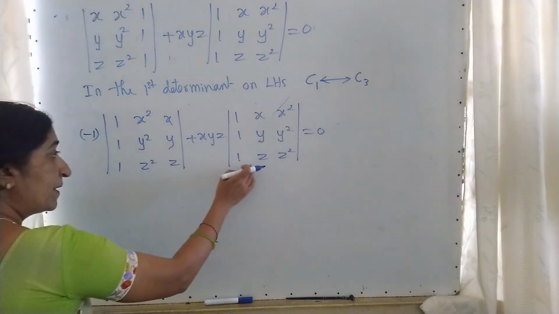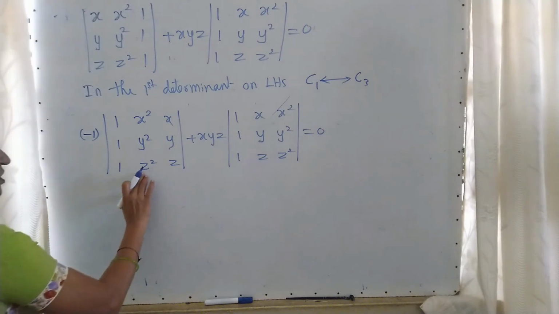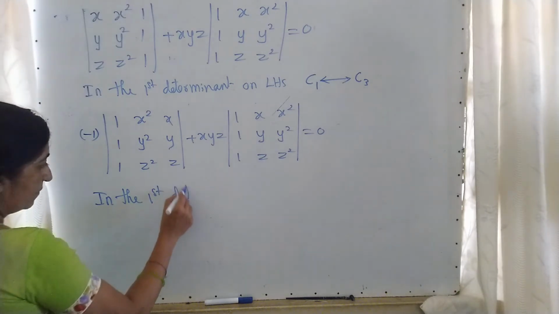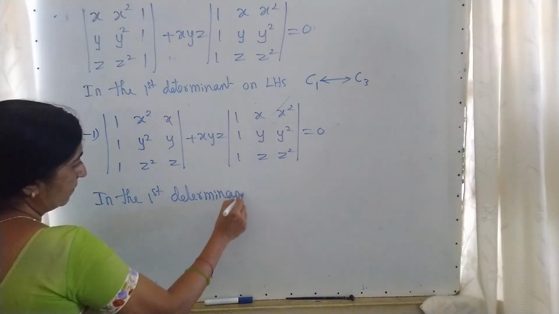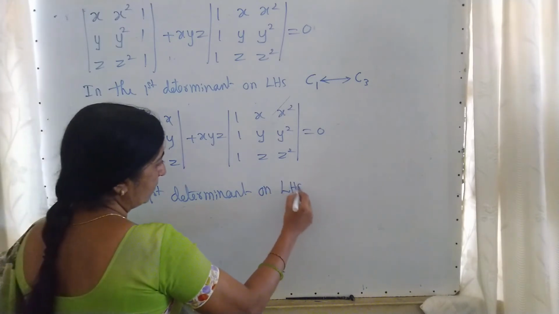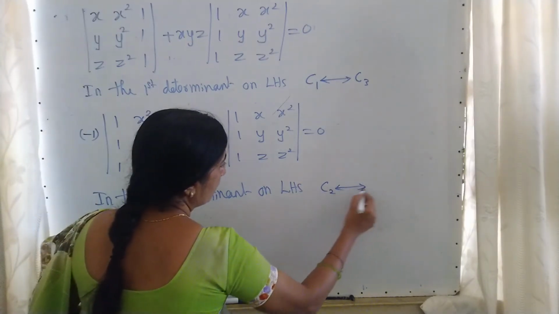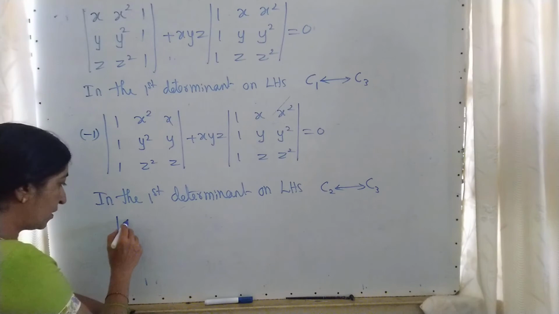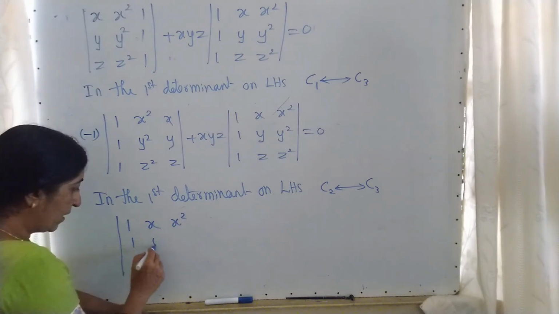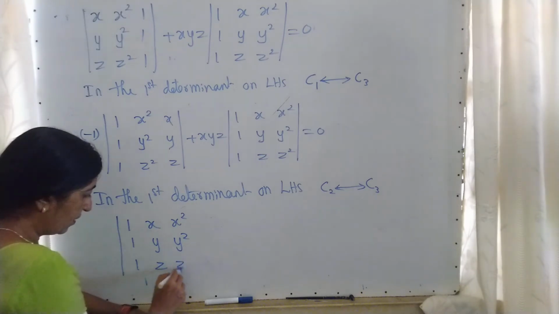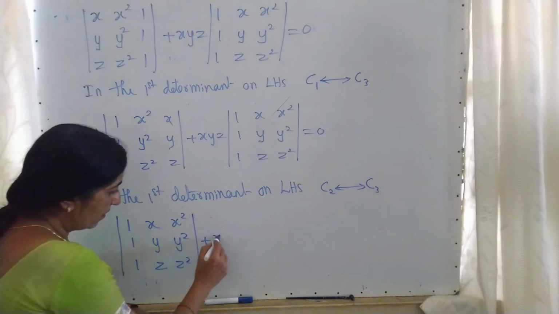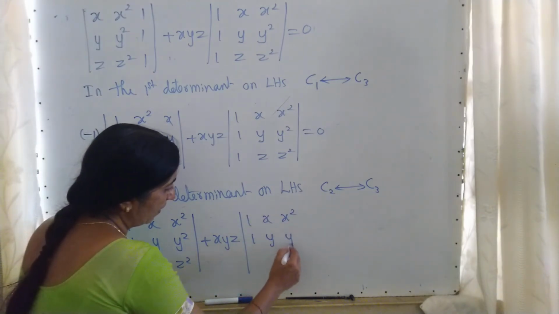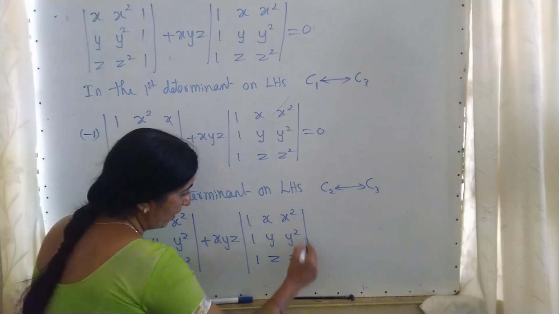Now we are a little bit near but not exactly the same. Again interchange second and third column, so the minus changes to plus. This is 1, x, x square, 1, y, y square, 1, z, z square plus xyz times the same determinant is equal to 0.